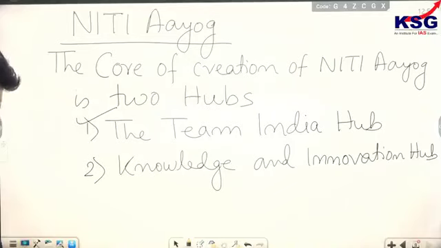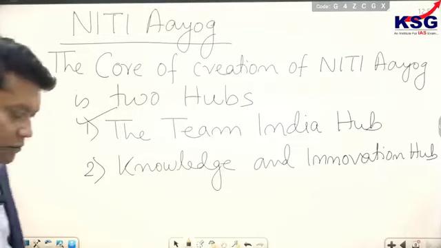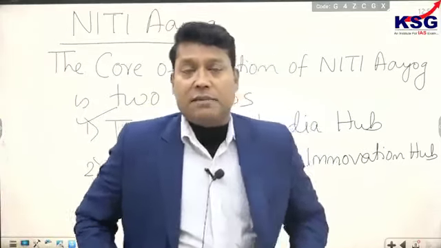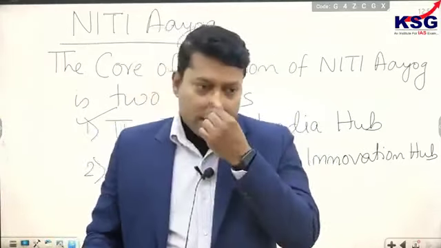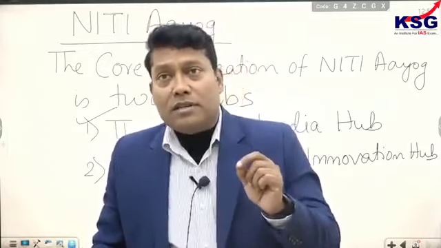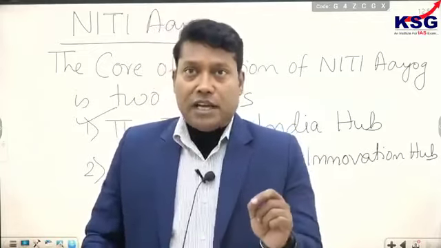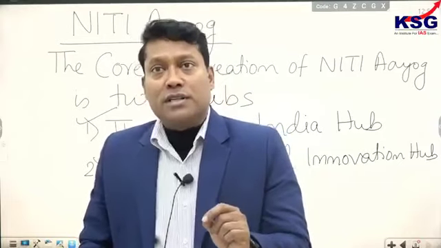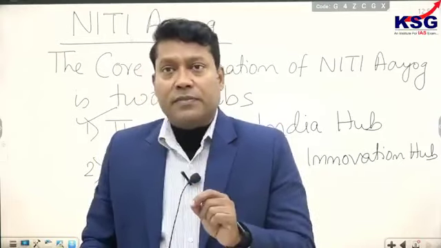Okay, full stop. Write it down like this. So first of all, what is the meaning of this? The first was cooperative federalism, the second is decentralized planning. The third point says that the Government of India, I mean Niti Aayog, will always give more importance to national security.